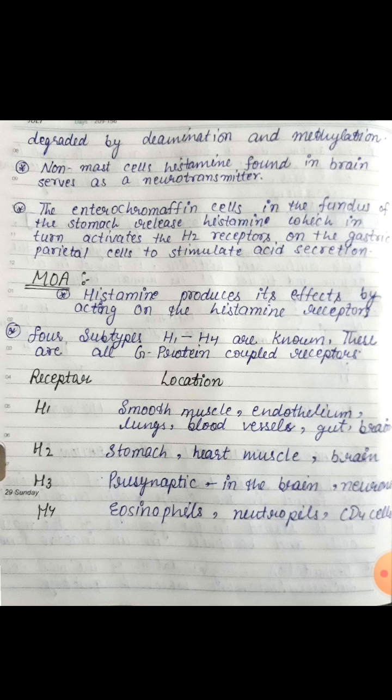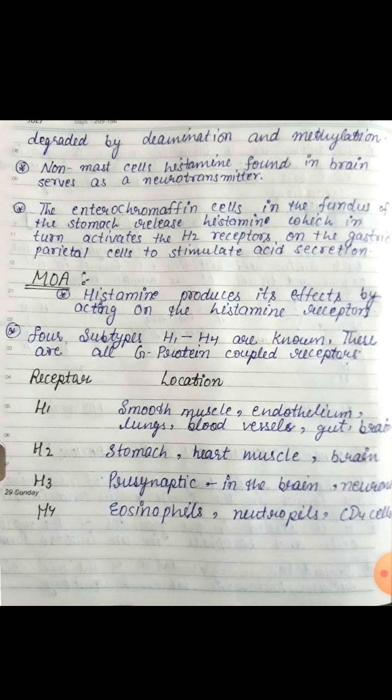Now come to the H2 receptor, that is in the stomach, heart muscles, and brain. These are present in the gastric glands and mediate gastric gland secretion by the parietal cells. Now next is H3, which is a presynaptic autoreceptor that controls histamine release from the neurons in the brain.